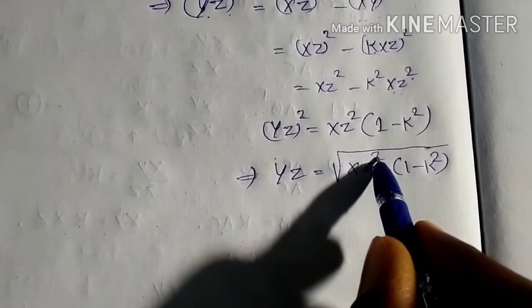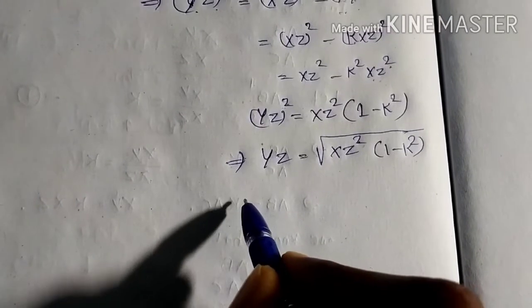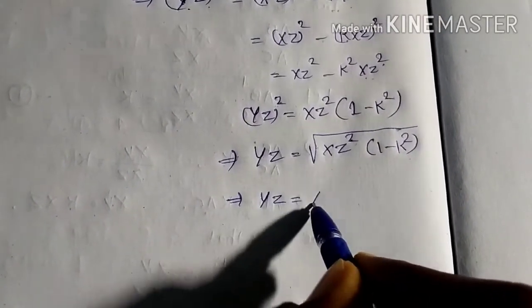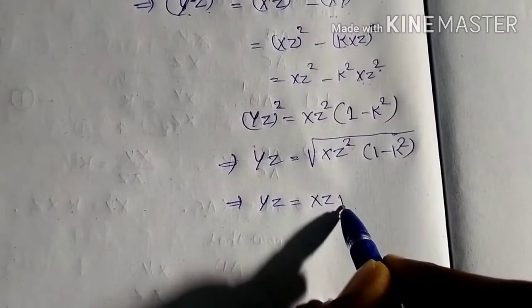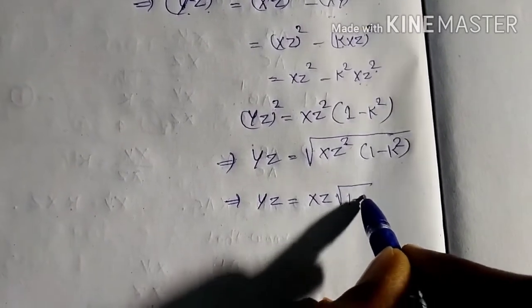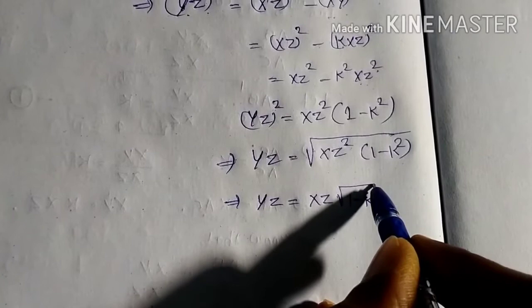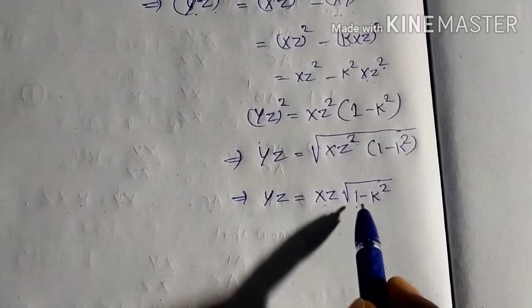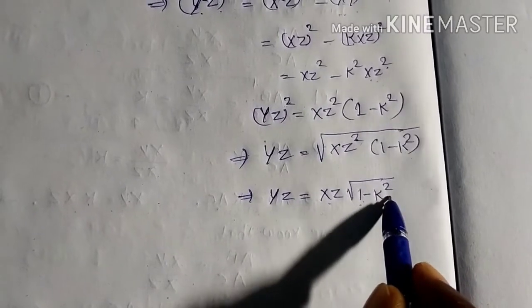See here for square root will be cancelled. That means you can write here YZ is equal to XZ into square root of 1 minus K square.